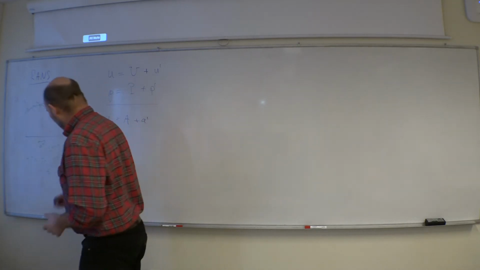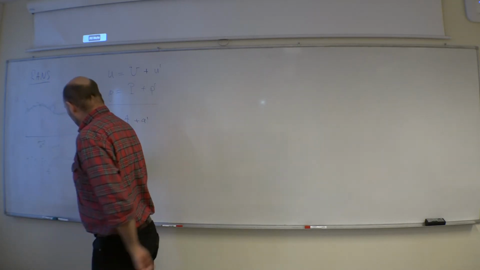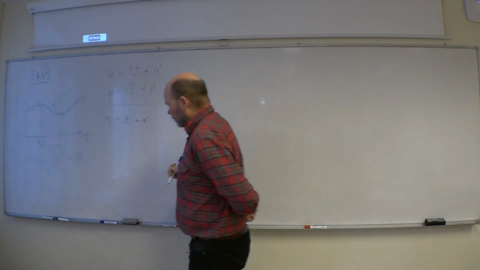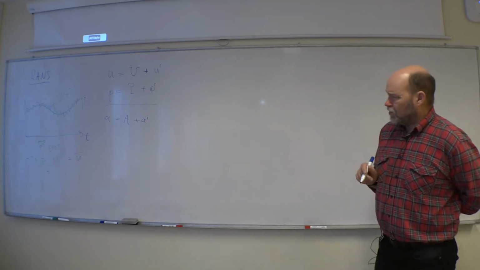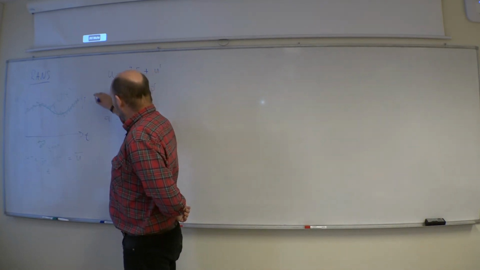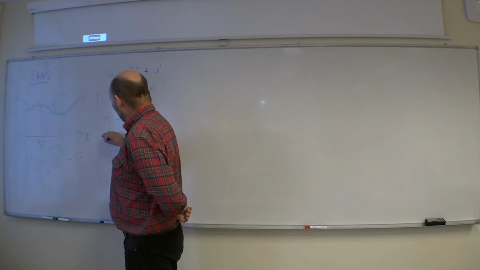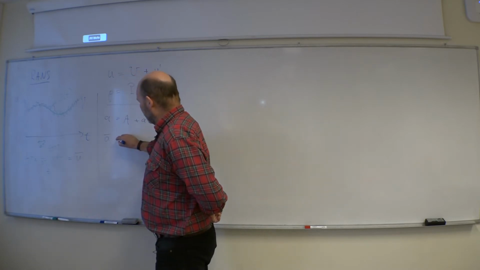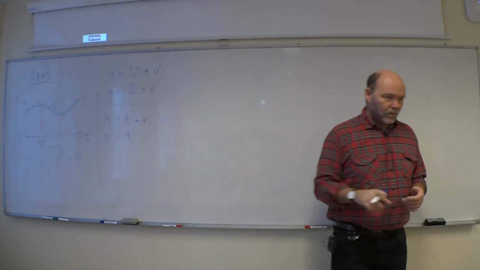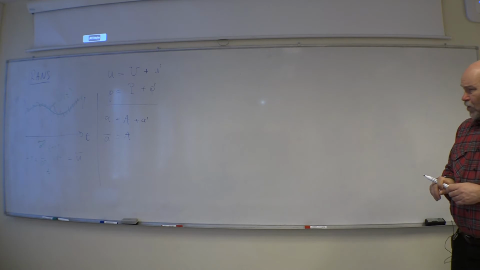You use a bar on top to say time averaged. So the time average of a quantity A will only be the mean part, since the fluctuating part has been removed.